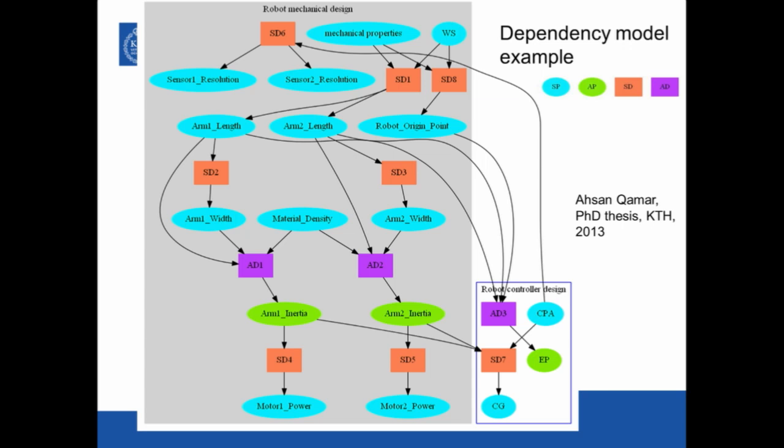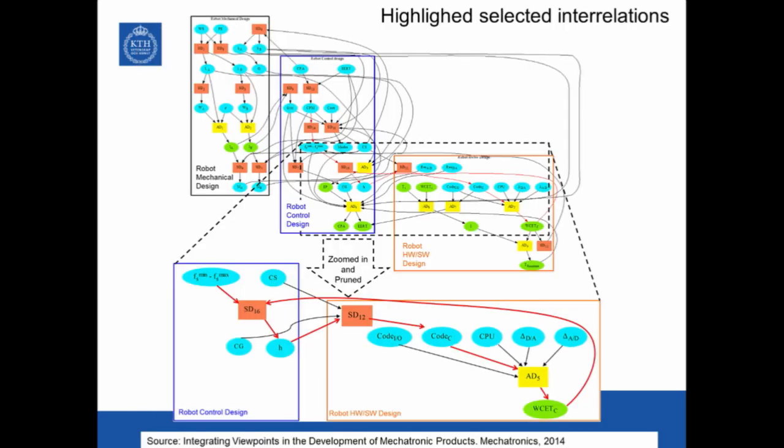The interesting thing is the intersection, how these different viewpoints interact. I wanted to show you one example we did on robot design, where you have the mechanical viewpoint, the control viewpoint, and the controller embedded systems viewpoint. The software and electronics designers are making choices, control designers are making choices, and the interesting thing is what happens in between.